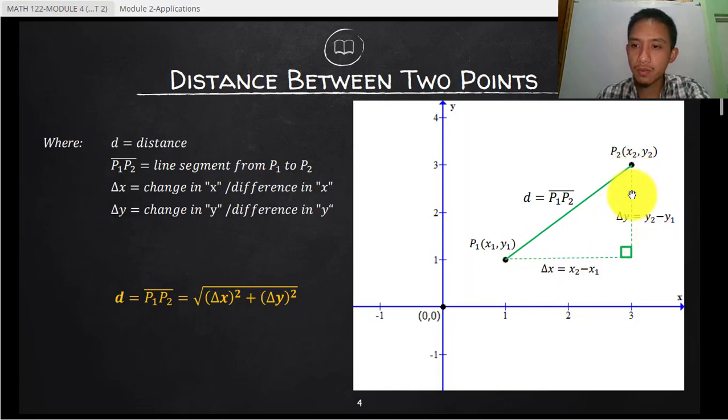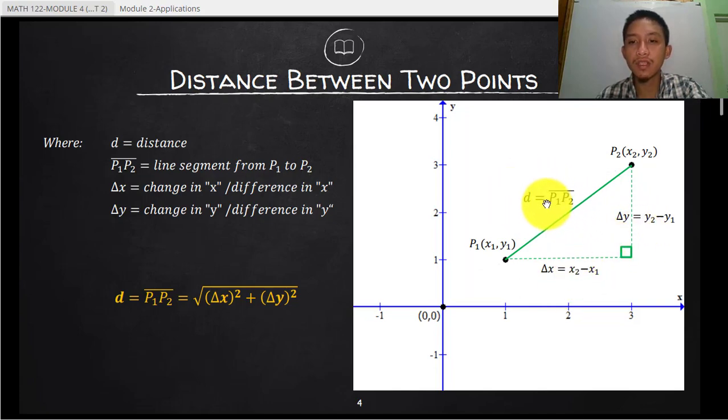So we have again these coordinates, then we can actually subtract those coordinates to get this delta y and delta x, and that will now serve as the sides of our right triangle. Then by merely the Pythagorean theorem from your trigonometry, given these two legs of your right triangle, this length, or the line segment, will just be your hypotenuse. So the hypotenuse squared is equal to the sum of the squares of both legs.